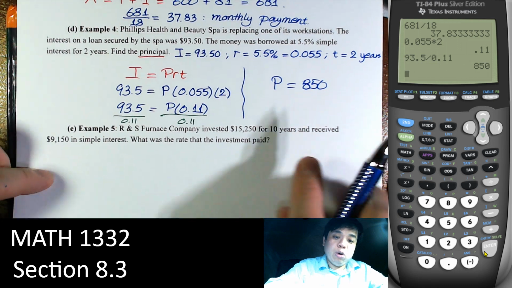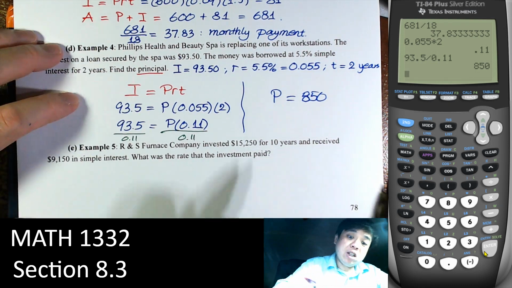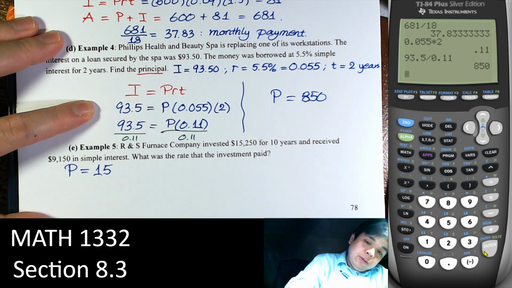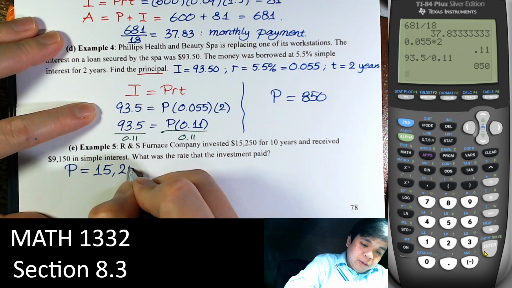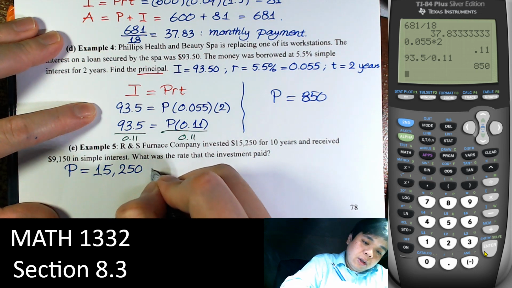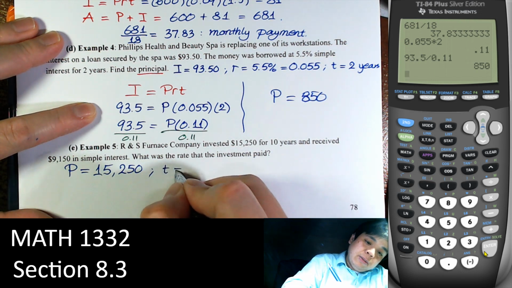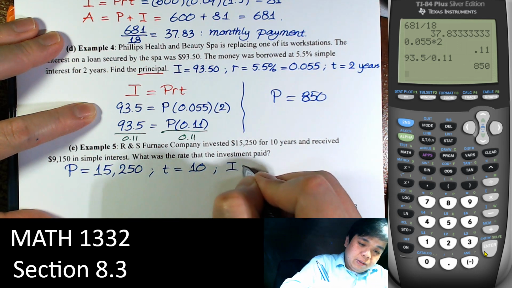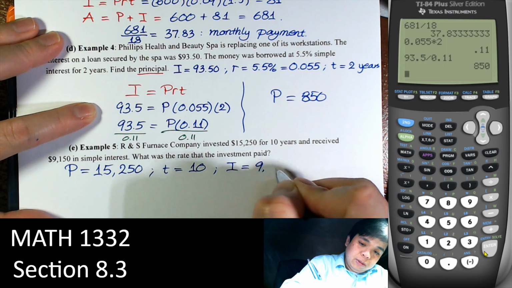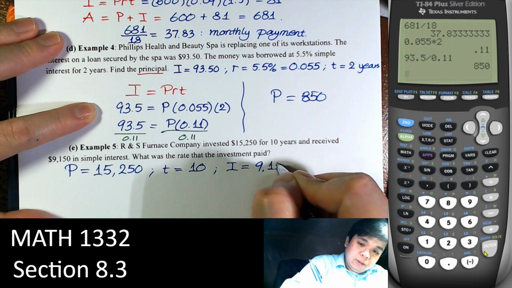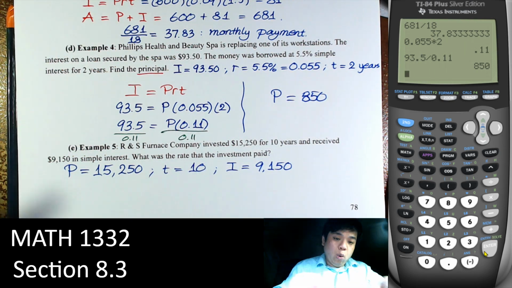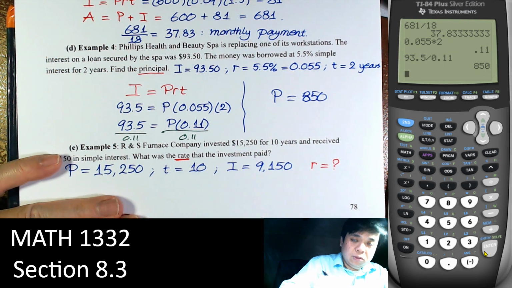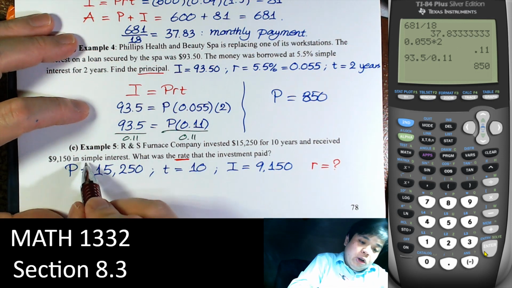We do know the principal, the original amount of the investment, for 10 years, and the interest. And the question asks for what is the rate.